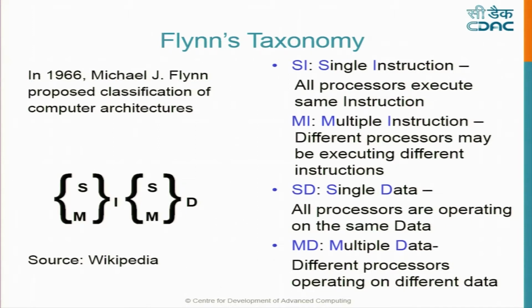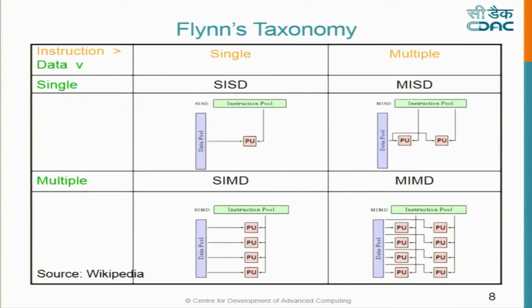The same attribute can be applied to data, wherein the data is single, in which case all processors are operating on the same data, or there are multiple data, which means the different processors are operating on different data. So with this, we have 4 combinations, which is single instruction, multiple data, or multiple instructions, single data.